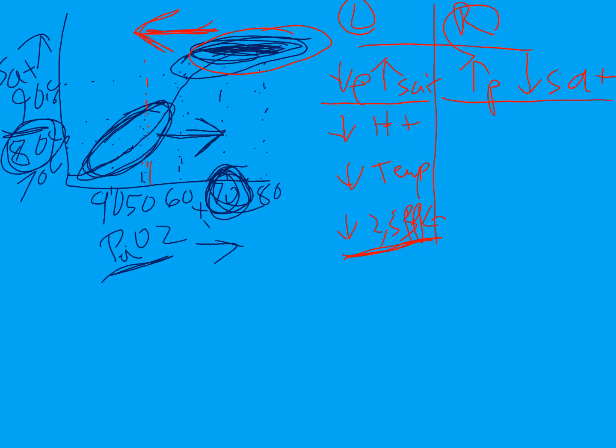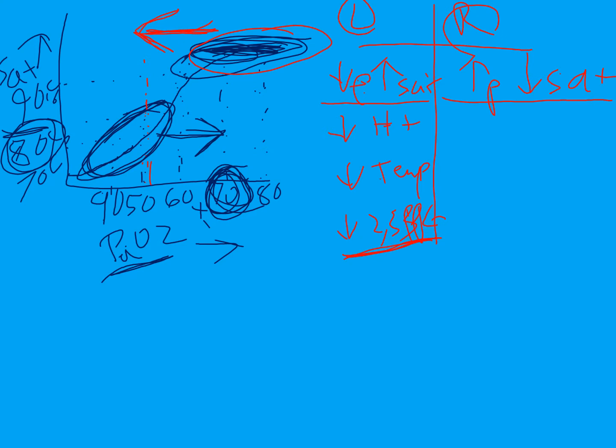In your lungs, they're getting rid of CO2, so that's why you have low hydrogen ions, right? Anything that decreases hydrogen ions causes your body to go into alkalosis. Anything that decreases temperature, like hypothermia, or anything that decreases metabolic rate, let's say chemical paralytics, will cause a left shift of the oxyhemoglobin dissociation curve.